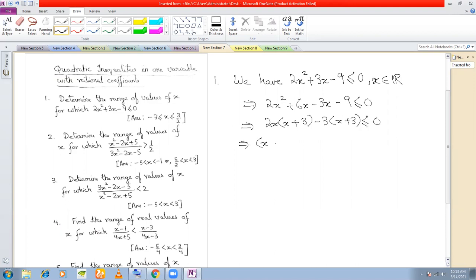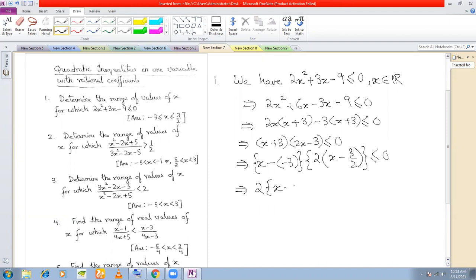That means you get x plus 3 into 2x minus 3 less than or equal to 0, which you can also write as x plus 3, and this you can write as twice x minus 3 by 2. So this is twice x minus 3 by 2 less than or equal to 0.